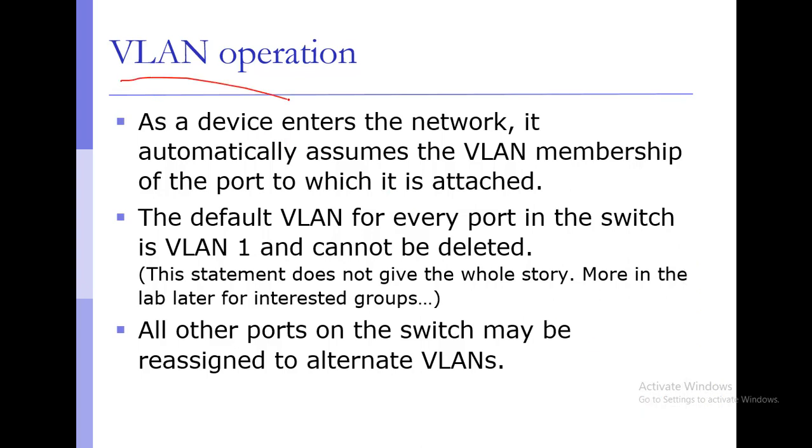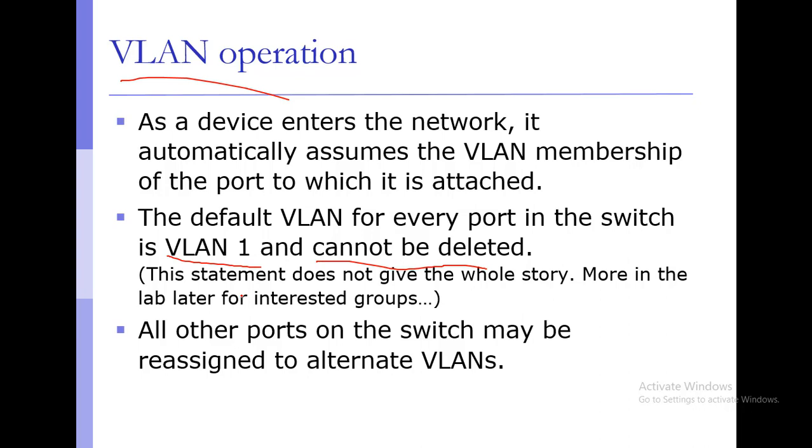You know that when a device enters a network, it automatically assumes the VLAN membership of the port to which it is attached. The default VLAN for every port in the switch is normally VLAN 1, and it cannot be deleted.